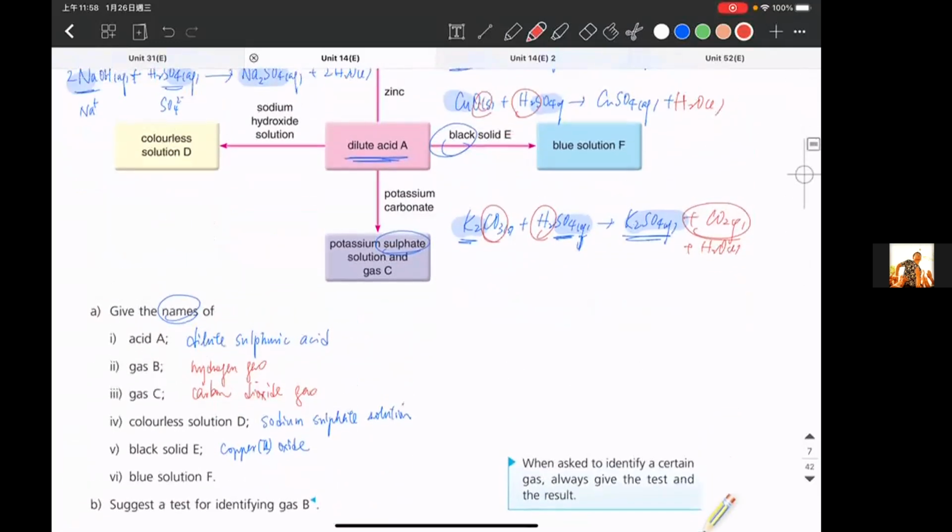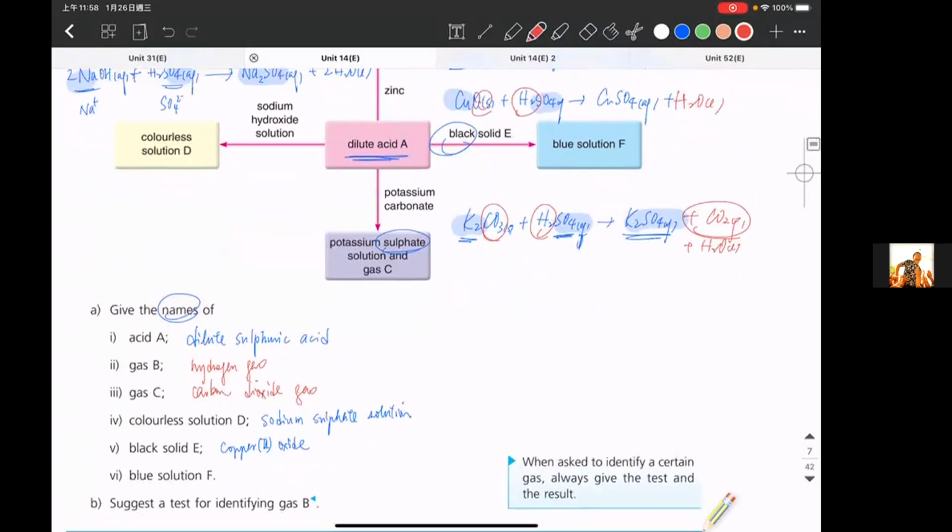So the blue solution here is copper 2 sulfate solution. So the solution is blue. Okay, why? Because we have got this ion in aqueous medium, which is blue. Okay, is that clear?